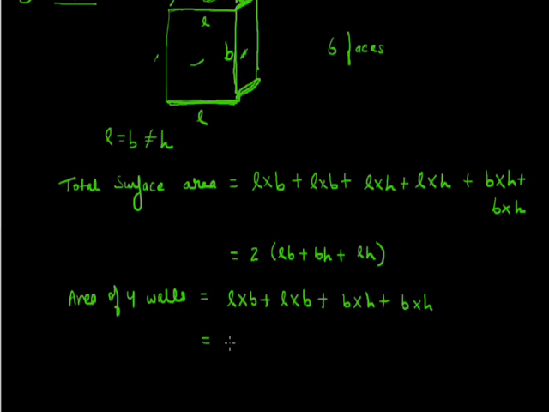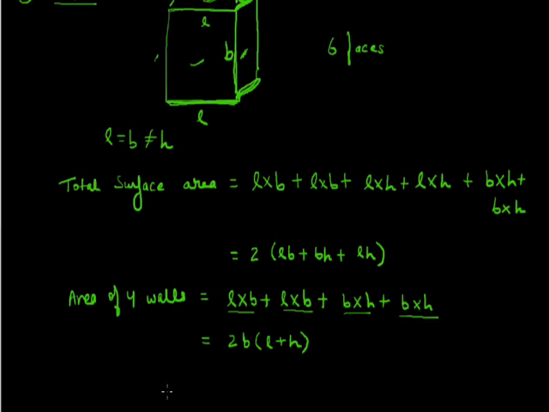If we simplify it, 2 will be common, because these are opposite faces, and the area of opposite faces is the same. That's why there are length into breadth two times, and in the same way breadth into height is also two times. So we have taken 2 as common, and in all these terms breadth is common, so we take b outside the bracket and the remaining part in the bracket is length plus height.